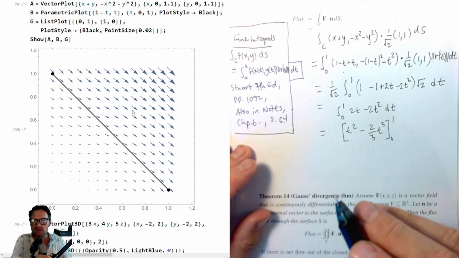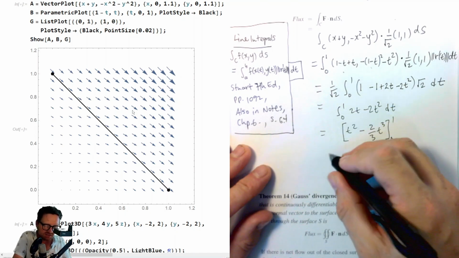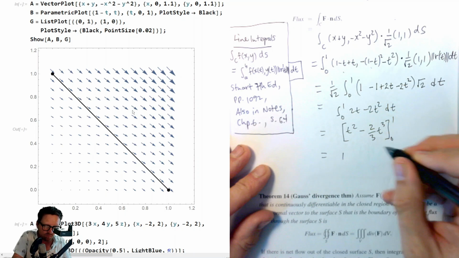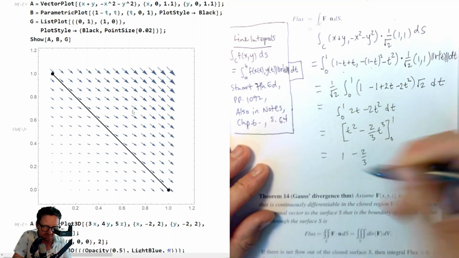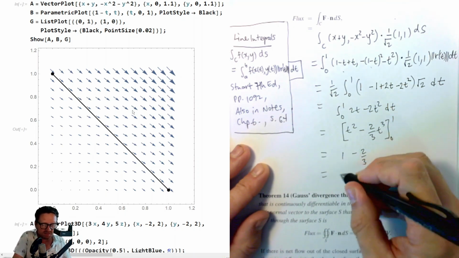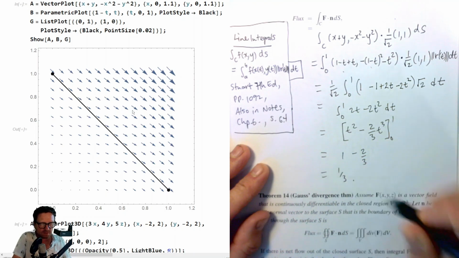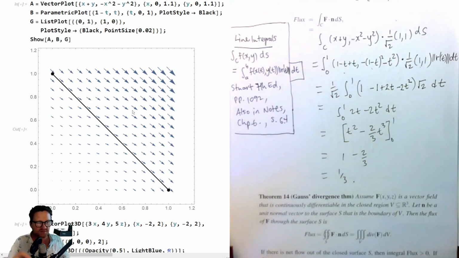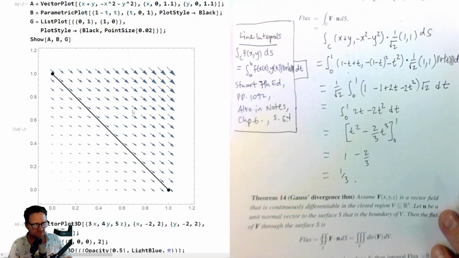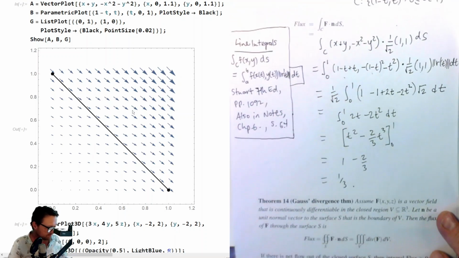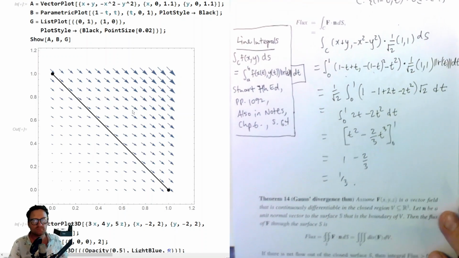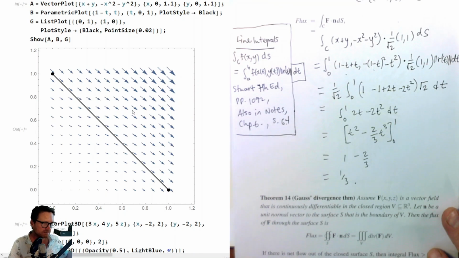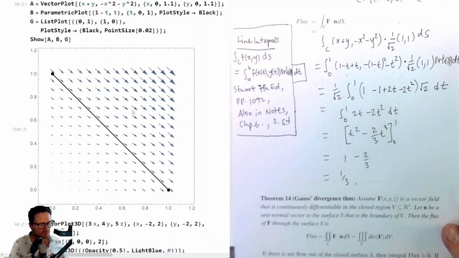We sub in t is 1 and sub in t is 0 and take a difference. So we have 1 minus 2/3, and so that's 1/3. Okay, so the flux there is 1/3 units, whatever those units are. Presumably that's in the appropriate scientific units, or SI units, right? Okay, Gauss's divergence theorem.